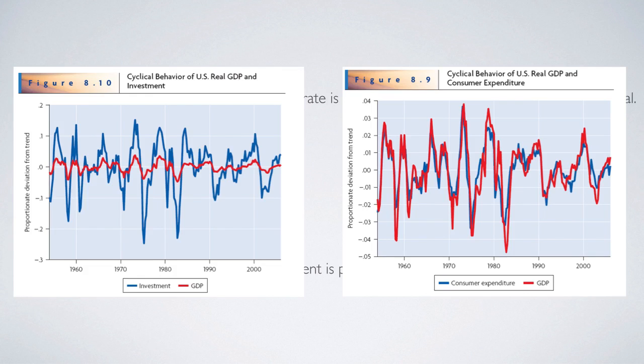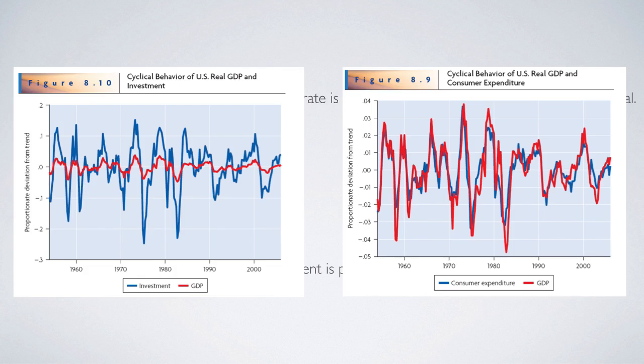However, when we put this red line with investment, you can see that the red line seems not so fluctuating. That is because investment is extremely volatile, much more volatile than GDP. And when we put consumption with GDP, you can see that they co-move in the same magnitude, which means that consumption fluctuates like GDP, not as crazy as investment.